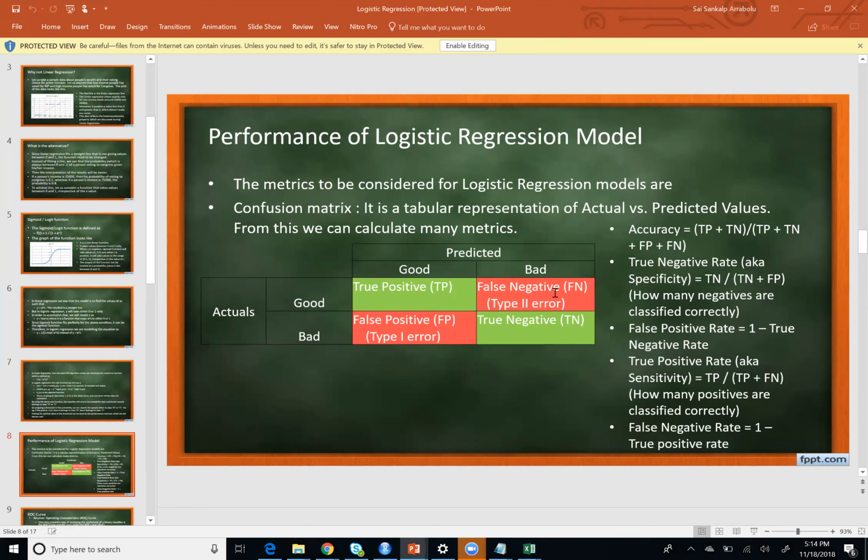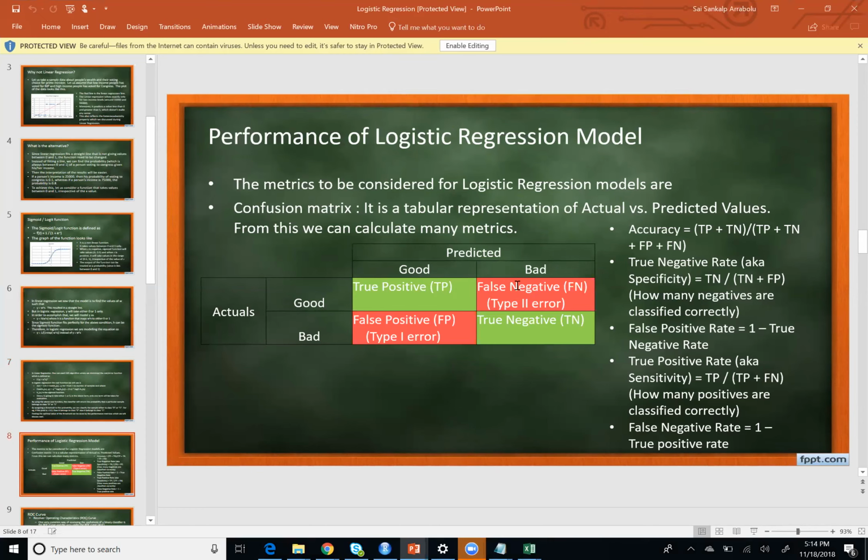The way to remember this is that the second term, positive or negative, belongs to the prediction. Predicting positive means we're predicting good; predicting negative means we're predicting bad. True or false tells you whether it is correct or wrong.